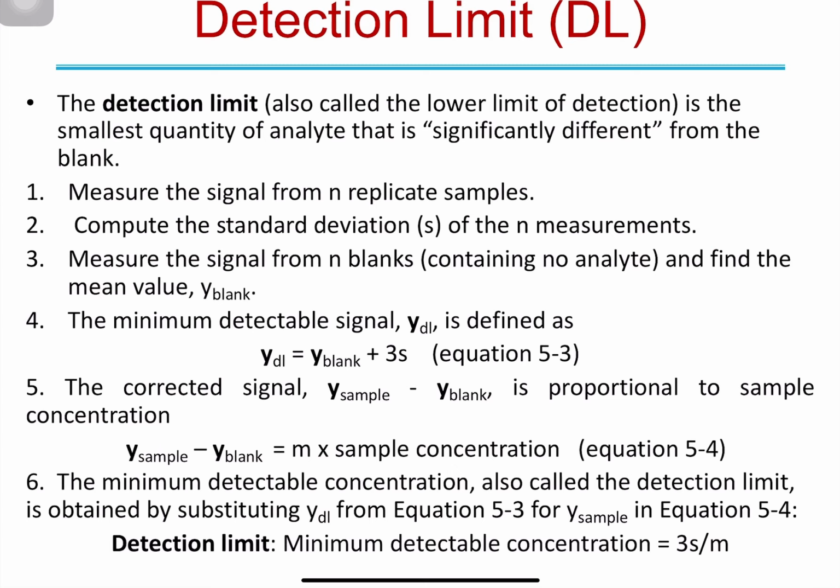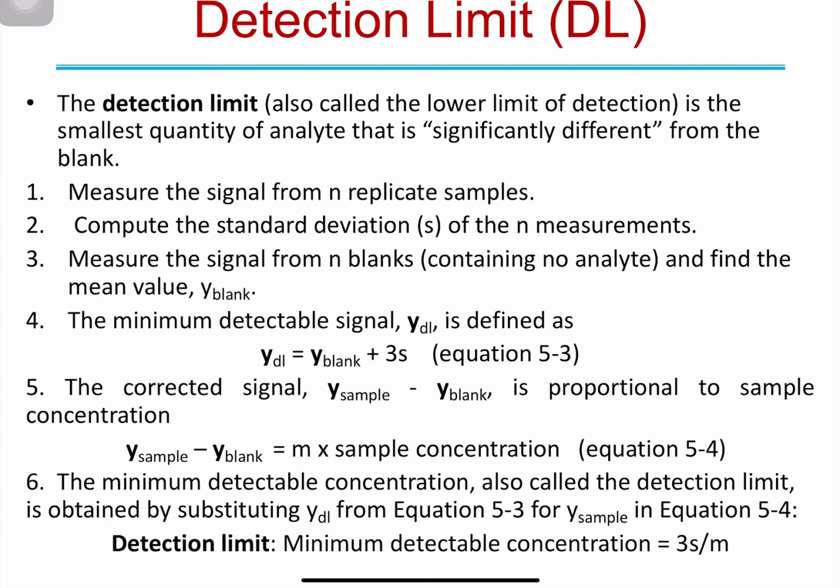Detection limit means the lowest concentration, or the smallest quantity of the analyte, which is significantly different from the blank, because the blank usually doesn't give you a zero value; it gives you some value. Like when you did the experiment in the lab, we usually have the blank and calibrate our device, the spectrophotometer, with the blank when we did the spectrophotometric determination of copper.